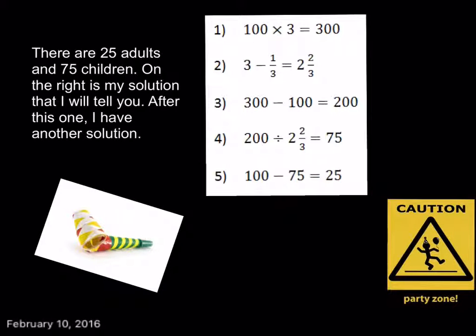The last step is 100 minus 75, because the 75 children are already part of the 100 people. So to calculate the amount of adults, I had to subtract them, and there are 25 adults. So 75 children and 25 adults were at the party.